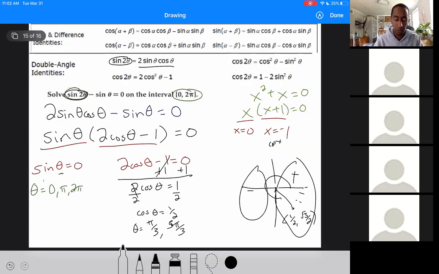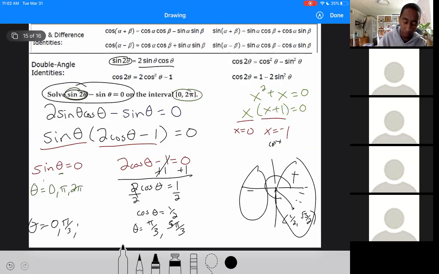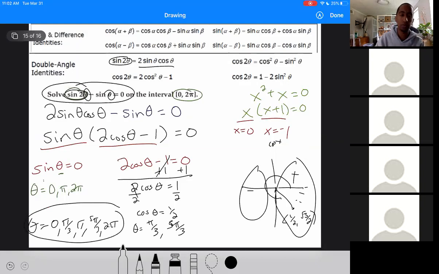So therefore, to solve the original question, the answers would be theta equals 0, pi over 3, pi, 5 pi over 3, and 2 pi. Those are all the values that, if you plug them in for theta, it would equal 0.